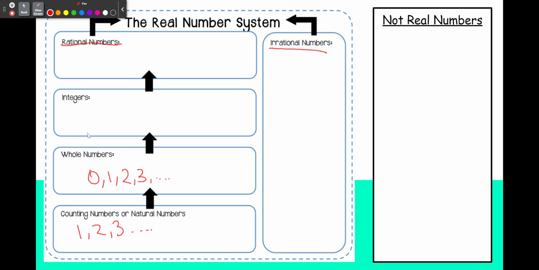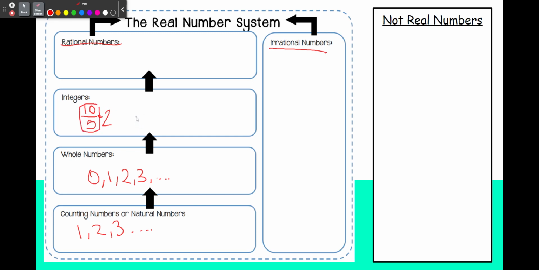Now this is where integers come into place. Integers are a little bit different. They could be a fraction. If I took 10 over 5, because 10 divided by 5 is 2, this right here could be an integer.